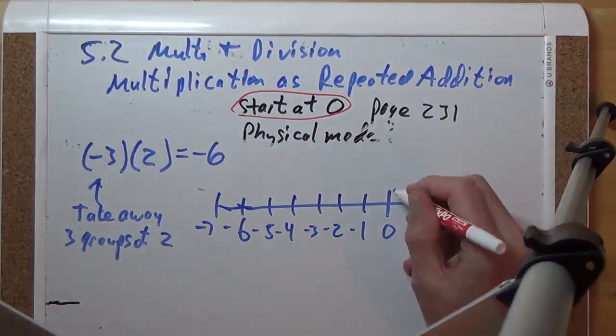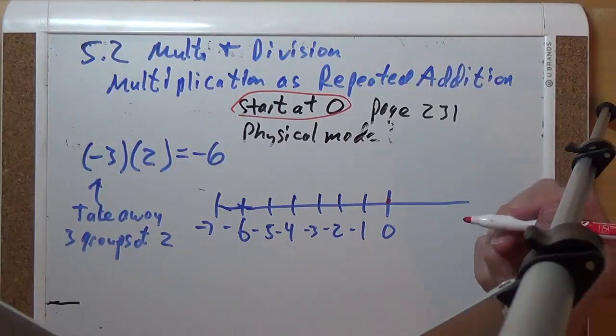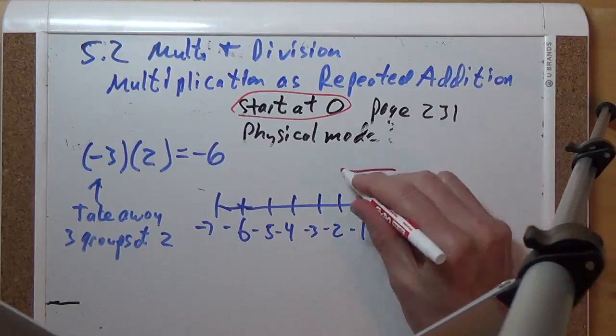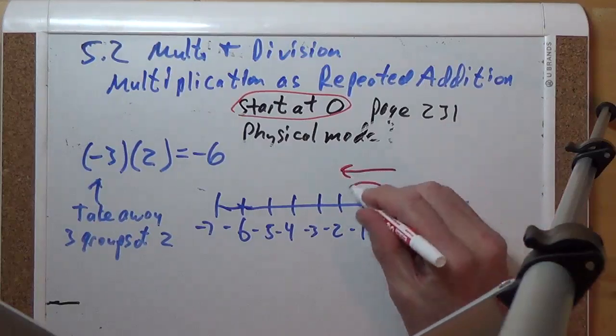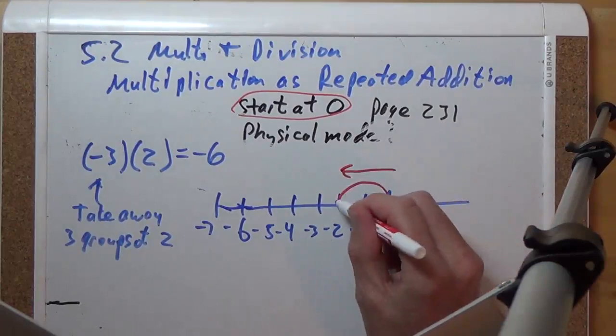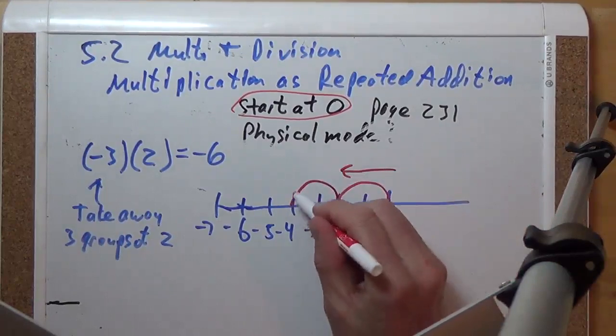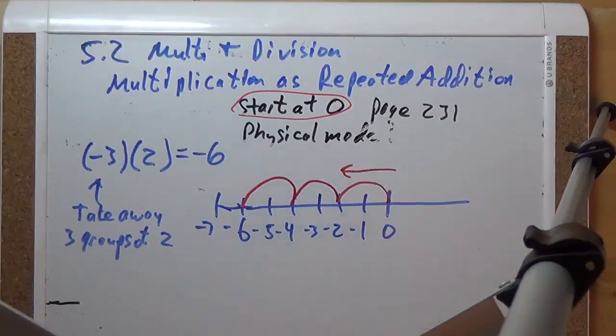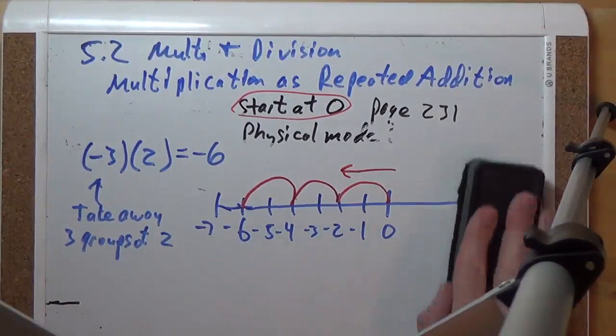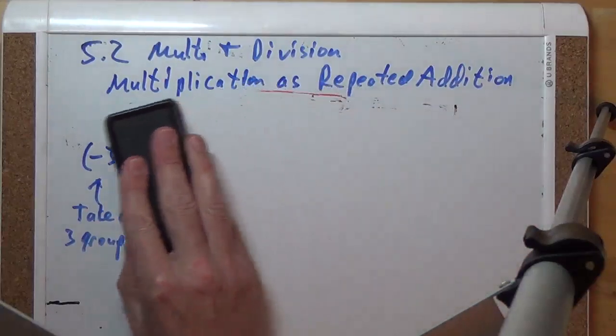Well, I know that if I'm here and I take away a group of 2, I'm going to the left 2 units. Take away another group of 2, I'm here. Take away another group of 2, I'm there. It's kind of like repeated subtraction. Okay, that's the chip model with multiplication.